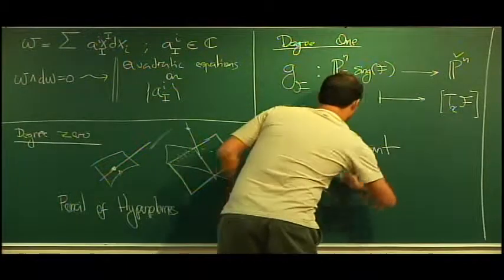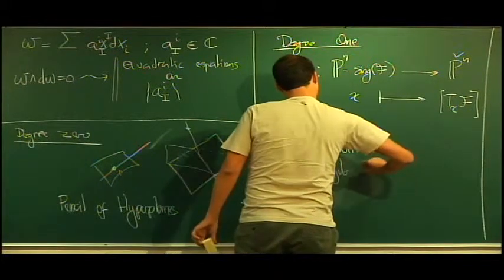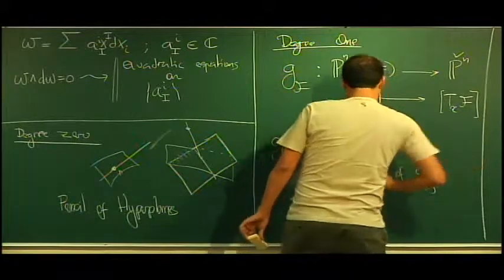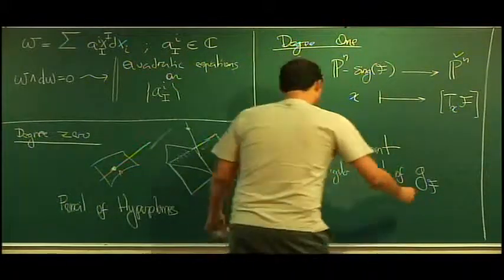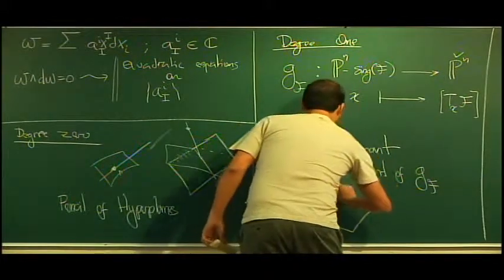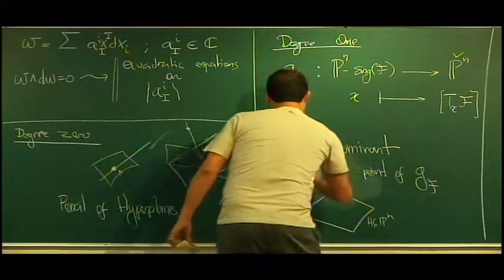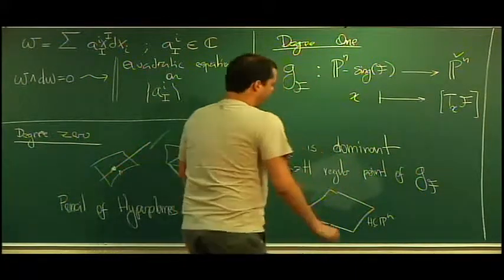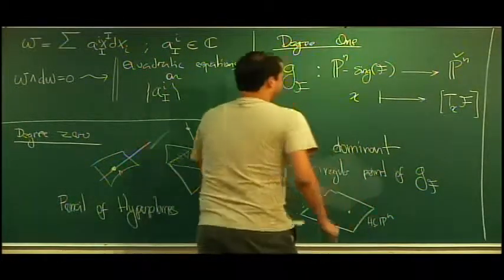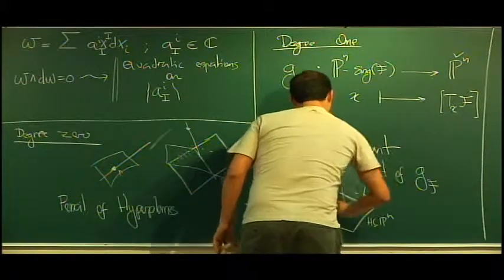So if H is a regular point of GF, then you can look at the hyperplane corresponding to H in Pn. And I am going to have some points on it which correspond to the tangencies of the foliation with the hyperplane.